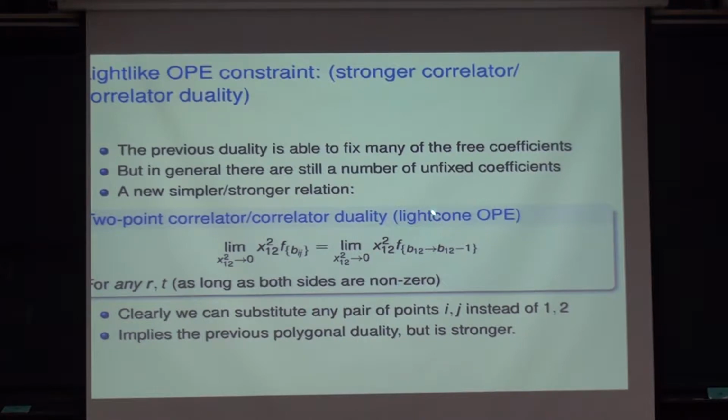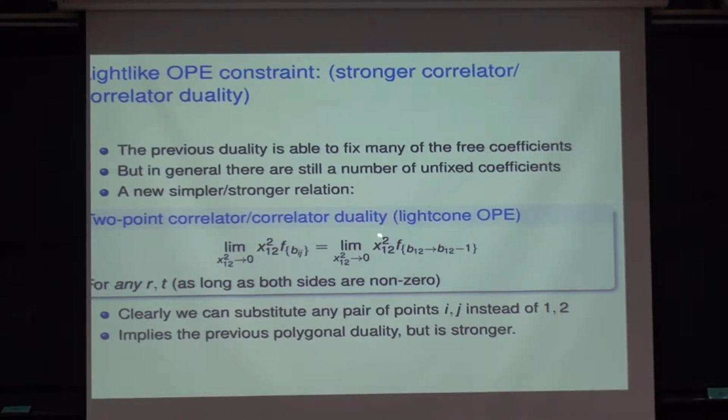If I compare that with another building block, which will come from a correlator where 2 of the charges are lowered by 1, so k1 minus 1 and k2 minus 1, so I replace b12 with b12 minus 1, then in the limit x12 squared goes to 0, they're equal to each other. The x12 squared is just to make the limit finite.